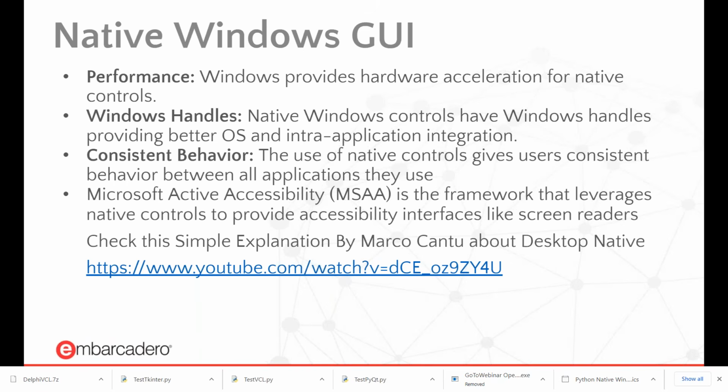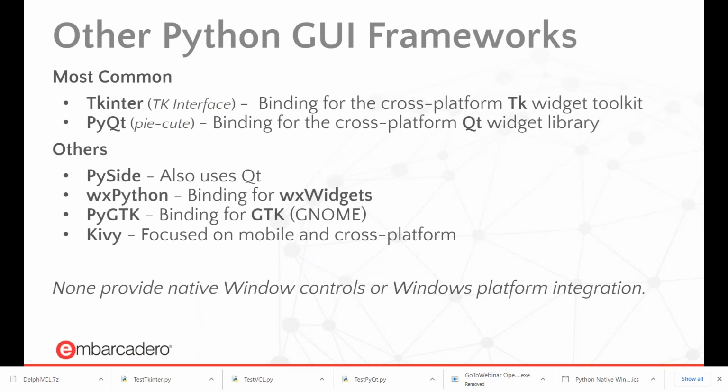So we'll see other Python graphical user interface frameworks. The most common we are using is Tkinter, that is the Tk interface. Actually, this is built by binding the cross-platform Tk widgets.